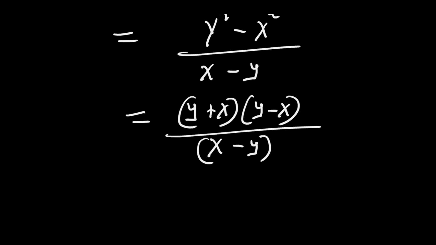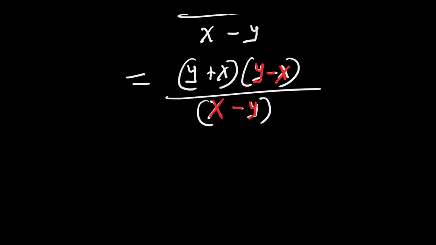So as you can see, we have x minus y here, and up here we have y minus x. So in order to fix this, all we have to do is to multiply by -1.